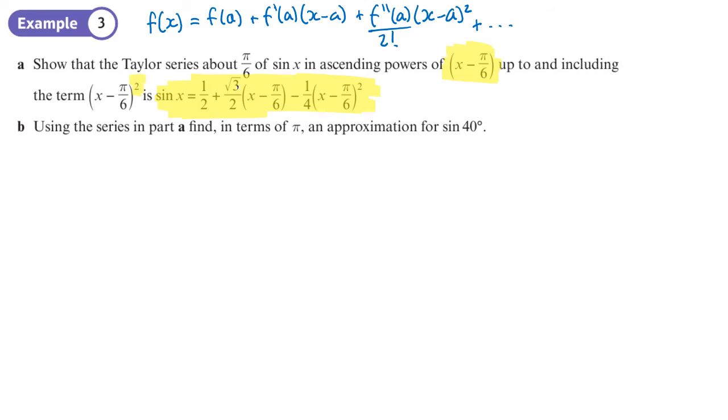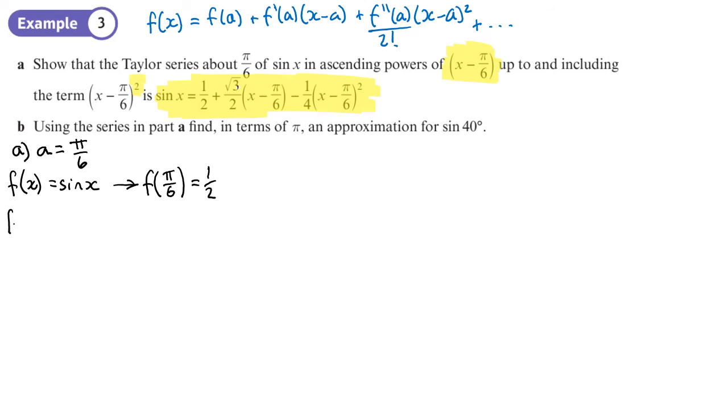Right, so the first thing that we need to do is to write down the value of a. In this case, a will just be pi over 6. It's not going to be negative pi over 6 or anything like that. And our f of x is going to be sine x. So then f of a, f of pi over 6, which is sine 30, isn't it? It's probably one that we would know off by heart. Sine 30 is going to be a half.